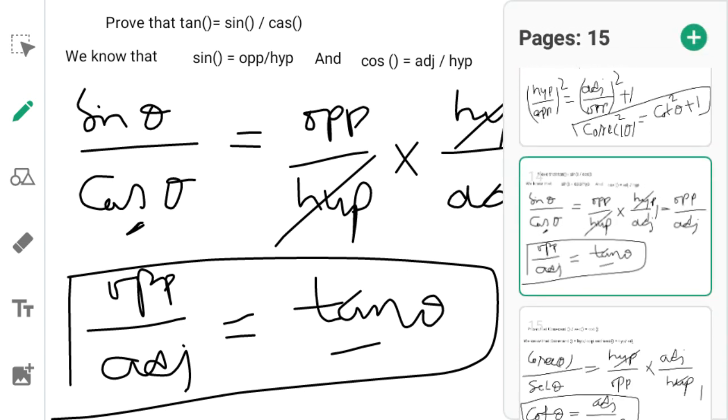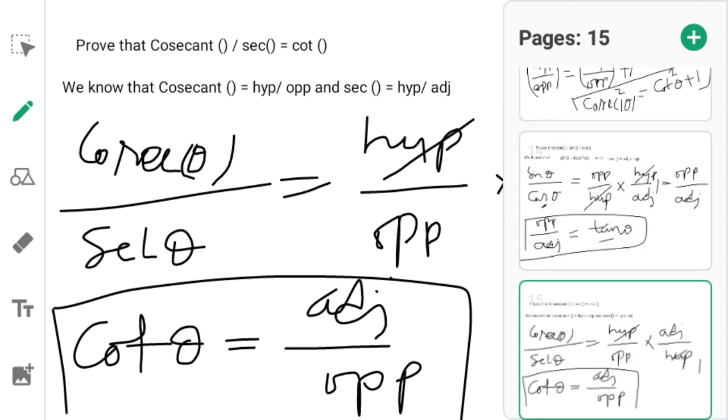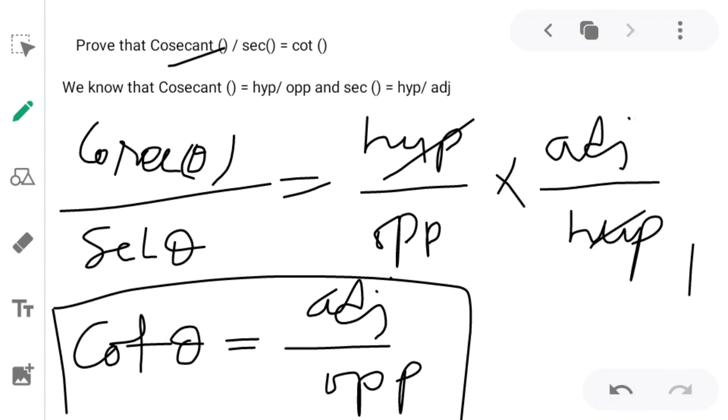Similarly, we can find other ratios also. Cosecant theta by secant theta equals cot theta. We can also prove that. So cosecant theta by secant theta, I have taken the ratio here. Cosecant theta equals hypotenuse divided by opposite.